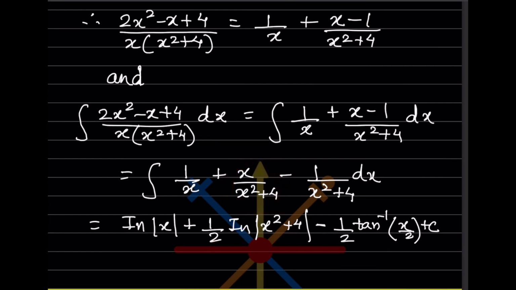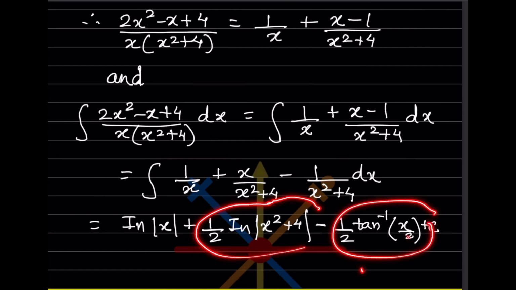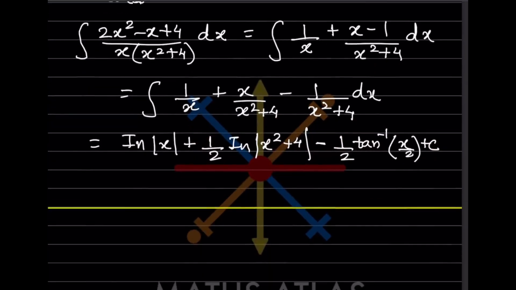And for this one, minus, because this is minus, the integration is going to be half tan inverse (x/2) + c. You can look at the formulas for these two, they are different. So this is the answer.